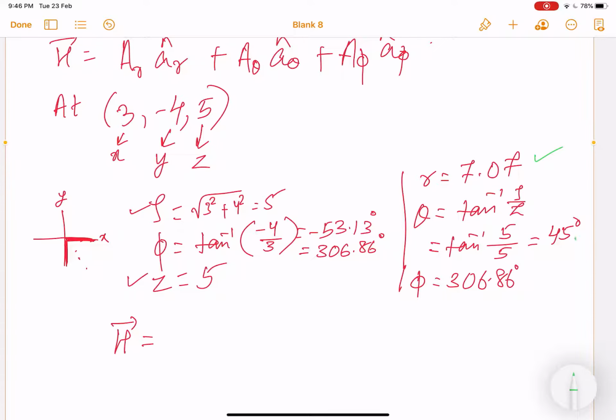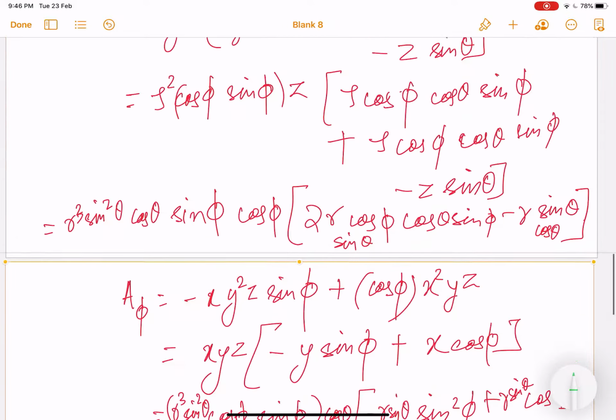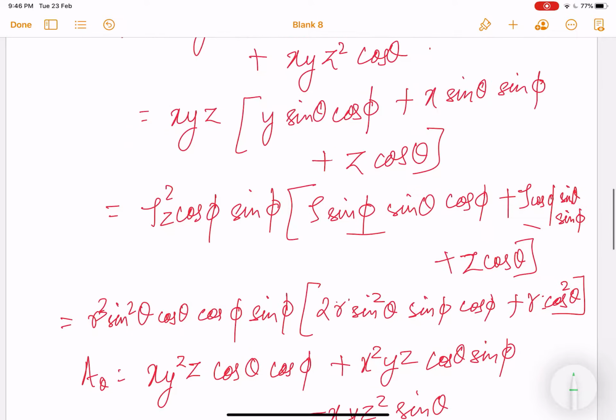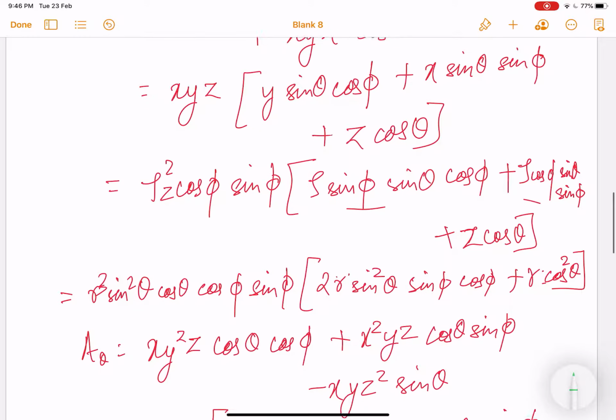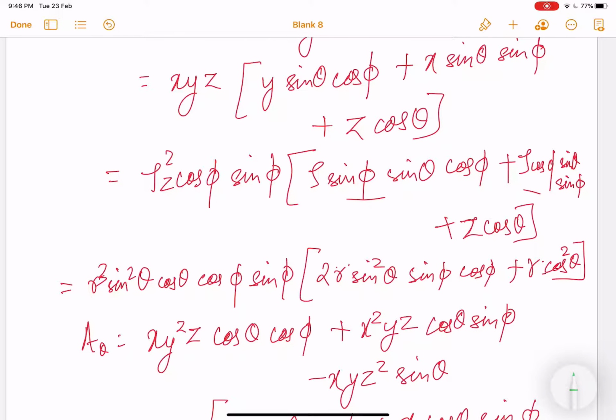This is 45, this is 306.86. Let's check this out. Then r is 7.07, this raised to the power, into sine square theta. Well, sine 45 is 1 by root 2.